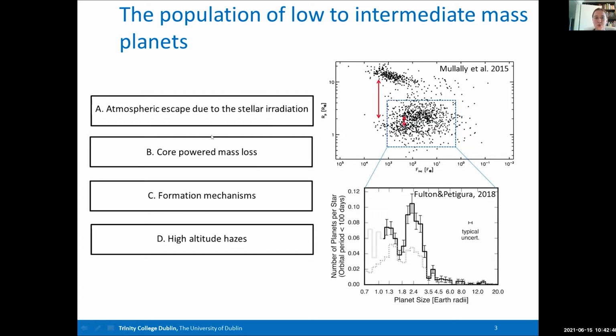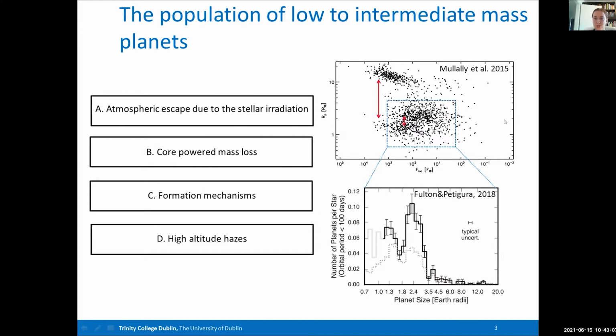And the second is so-called core-powered mass loss, where the atmospheric mass loss is expected to be driven mainly by the own thermal energy of the planet, which is born hot and cools down with time. Both of these approaches allow us to reproduce the observed population well enough, and at the moment it's not really possible to distinguish between them from the observations.